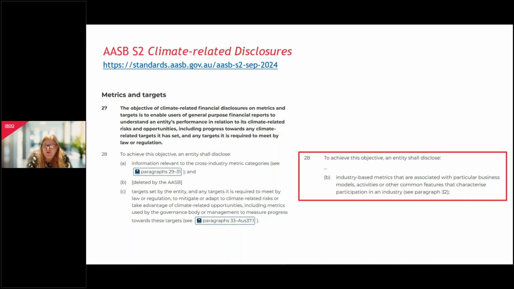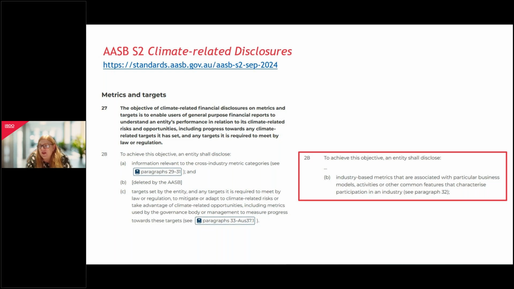In paragraph 28, they start by saying you shall disclose information relevant to cross-industry metric categories, so that industry aspect. They've also said in paragraph 28C, targets set by the entity, which we'll talk about next month.